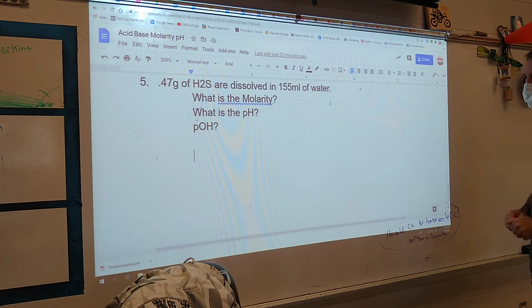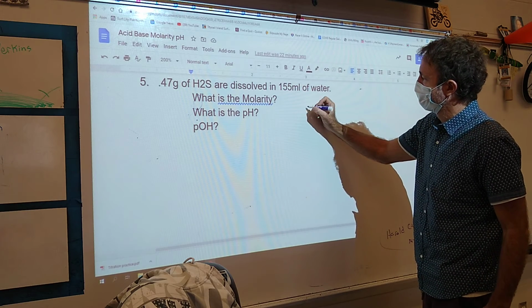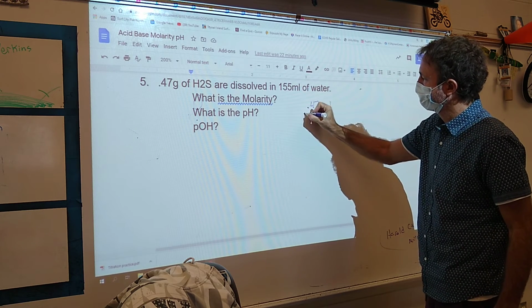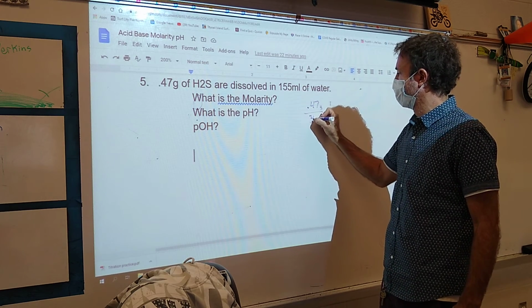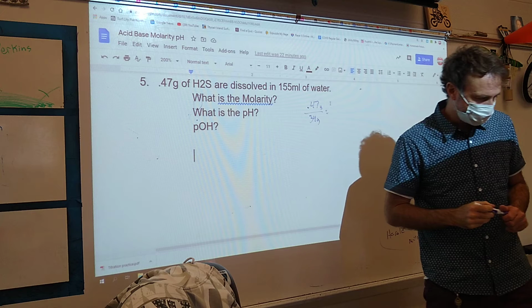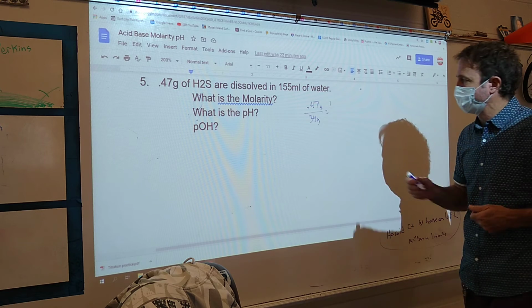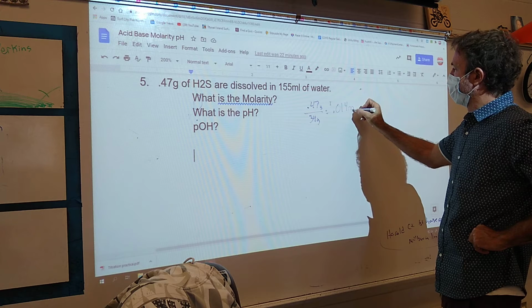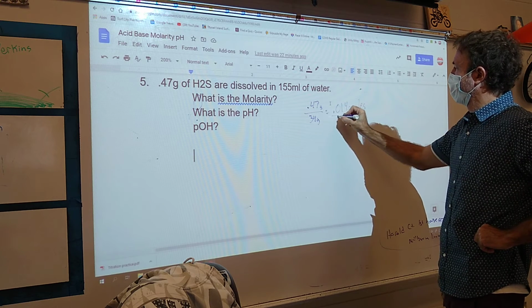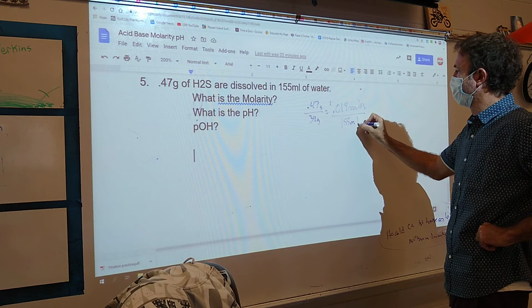0.47 grams of hydrosulfuric acid are dissolved in 155 ml. So 0.47 grams of H2S. H2S weighs 34 grams. 0.47 divided by 34 equals 0.014 moles. And that is dissolved in 155 milliliters of water.